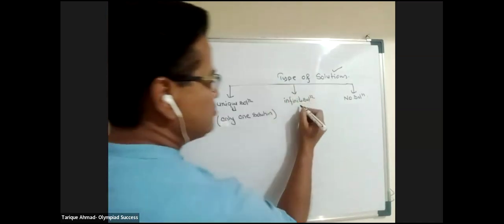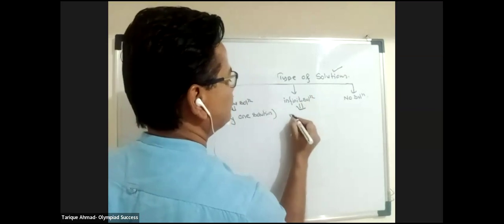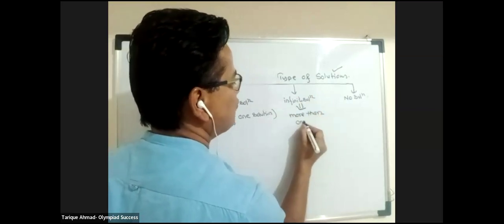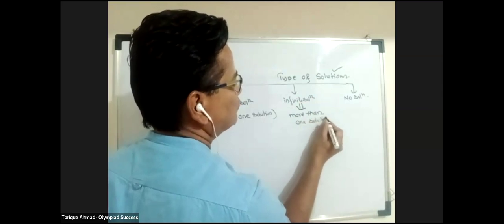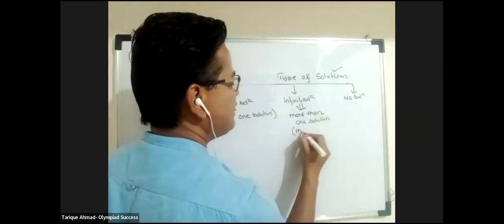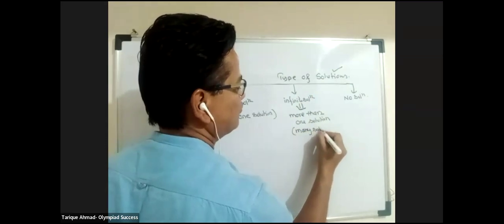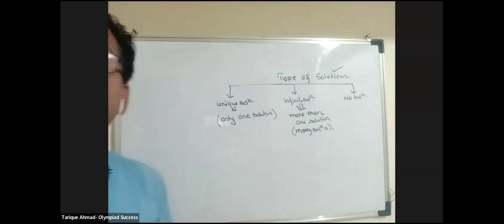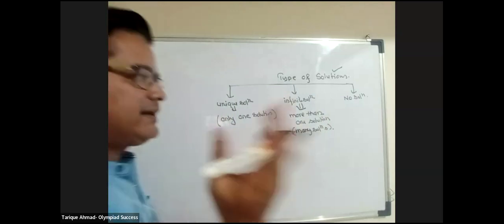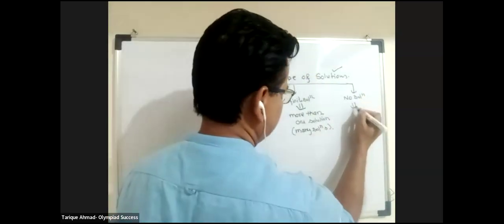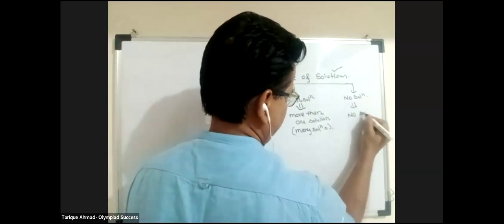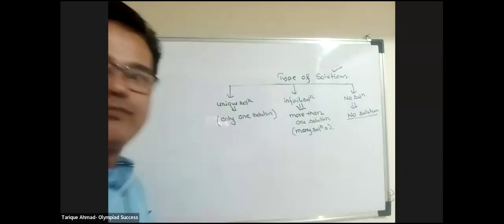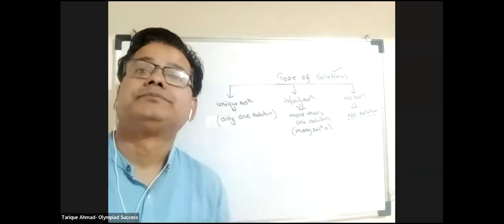Infinite solution means more than one solution, or we can say many solutions. And the third one is no solution. It's simple, it means no solution. There is no answer at all. Correct?